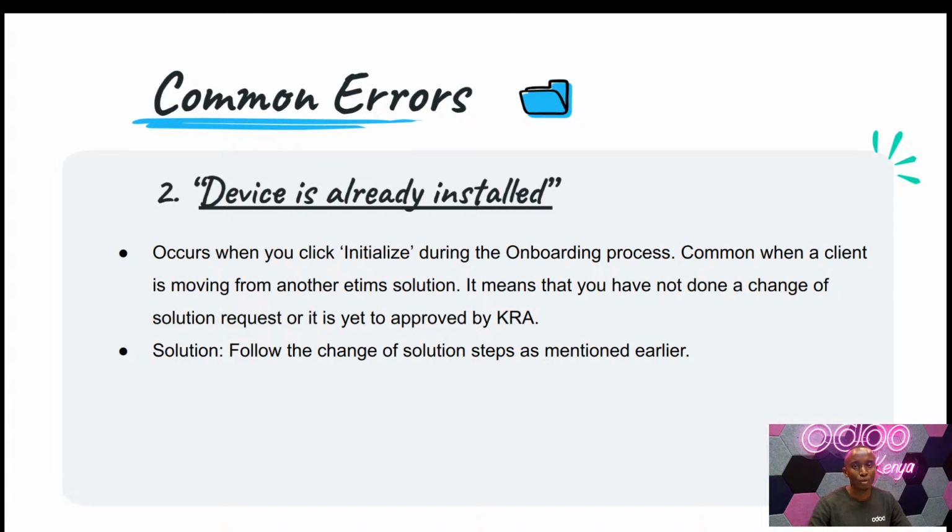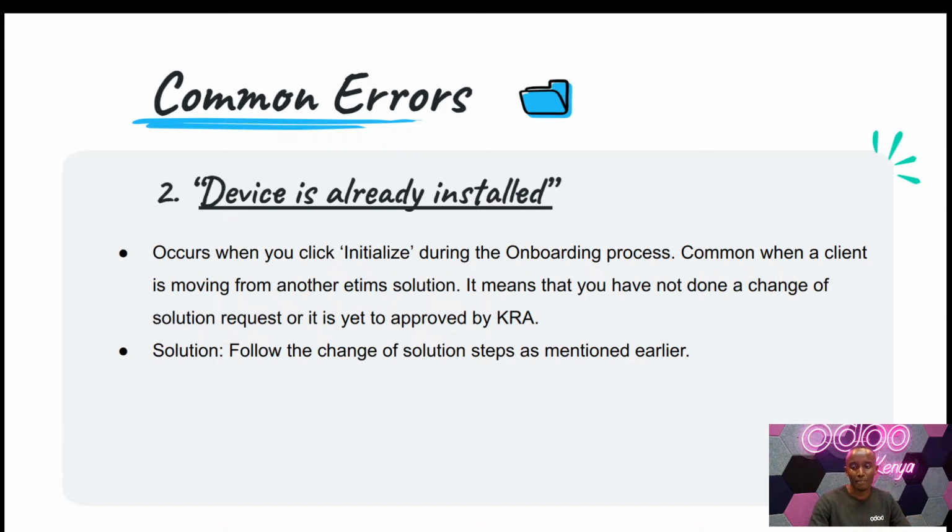This is common for a client who is switching from another solution to Odoo. Anytime they try to initialize, either before the change of solution request has been approved or before the service request has been approved, they will get this error, because Odoo or eTIMS recognizes that that particular KRA PIN is still registered to another eTIMS solution.